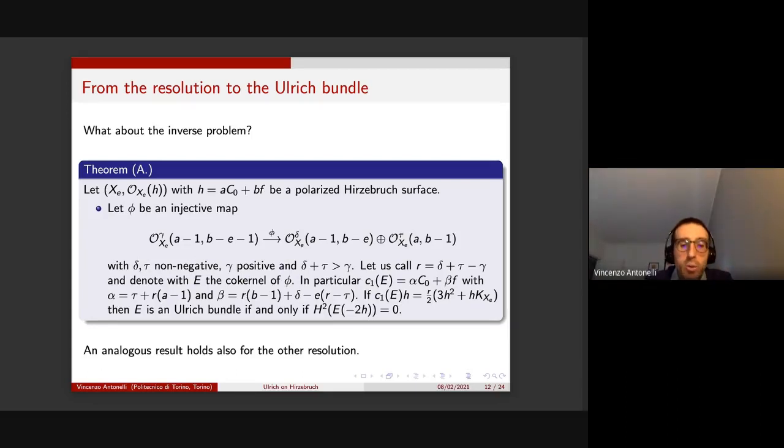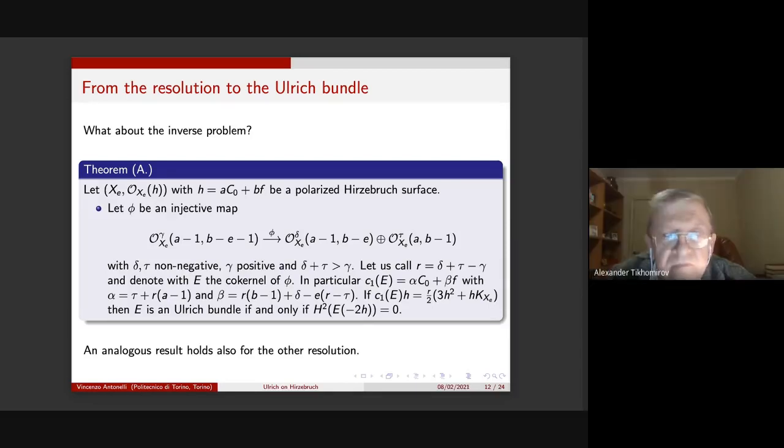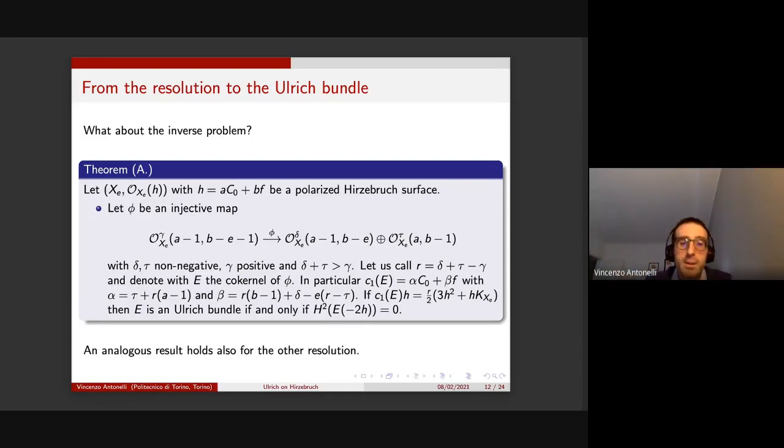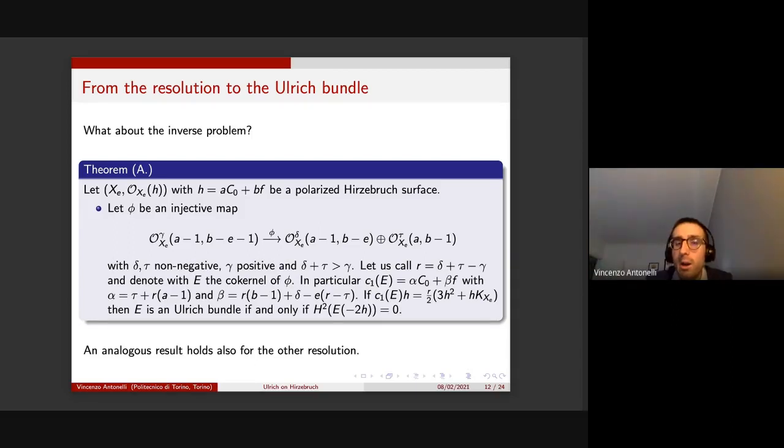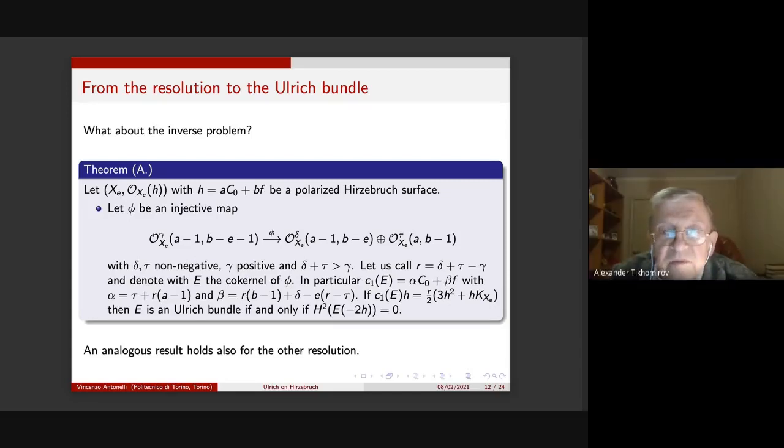So in the rank 2 and 3 case, there are some results about the reducibility of the moduli space of the semi-stable vector bundles. So I'm not talking about Ulrich. So in this case, you have this open subset in the only component. In the other cases, I don't know. I don't know even if the moduli space is irreducible. For rank 2 and 3, it's true. For higher rank, I don't know. I see. Thank you.